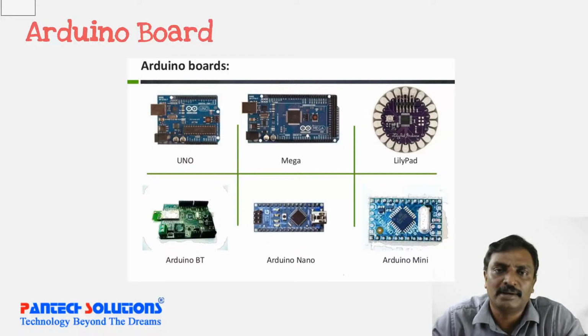LilyPad is mostly for textile electronics. Nano and Mini are miniature microcontroller boards. If you have a very simple application and need a compact size, you could go with the Nano or Mini boards.